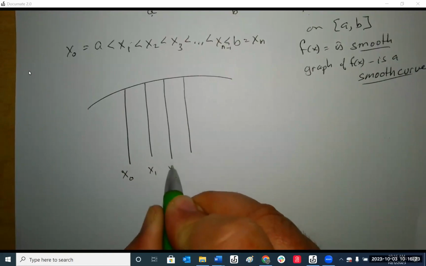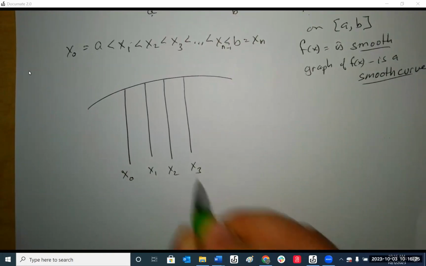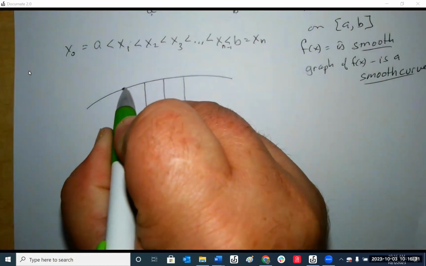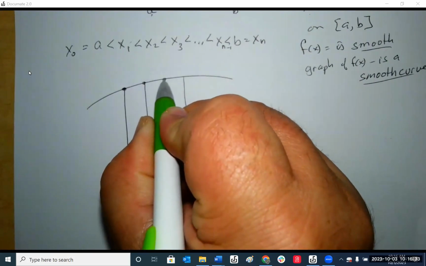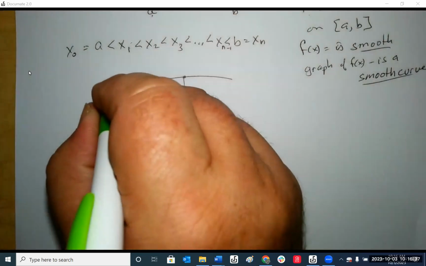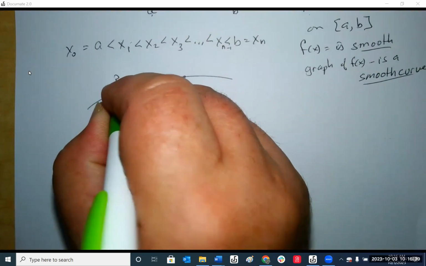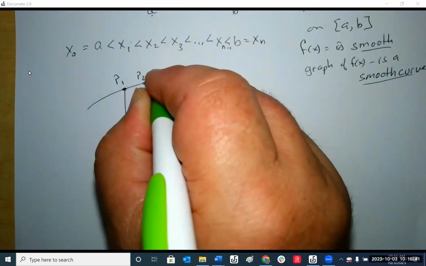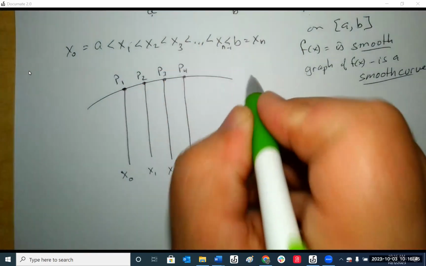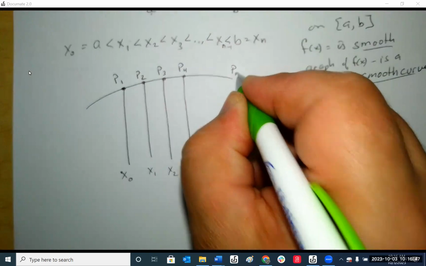This is of x sub 1, x sub 2, x sub 3. Where these slivers intersect the curve, we call those the points. There's point 1, point 2, point 3, point 4, all the way up to point N.